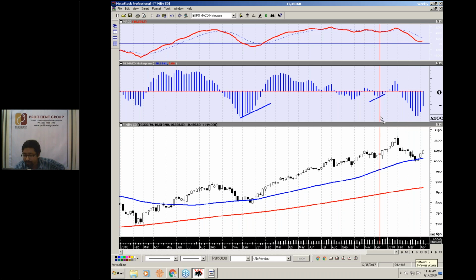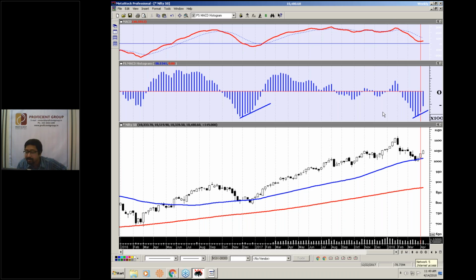And to the right of my chart, we can see another valid buy signal from here. MACD histogram is again sloping higher from here. So unless Nifty continues in its primary downtrend, in which case the stop loss here will be triggered and nobody should hold a long position.